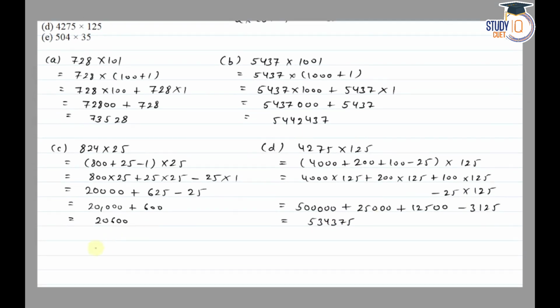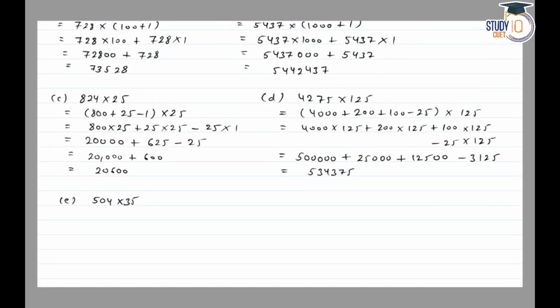Then next part E is 504 into 35. So हम ब्रेक कर लेंगे 500 को 500 plus 4 into 35.